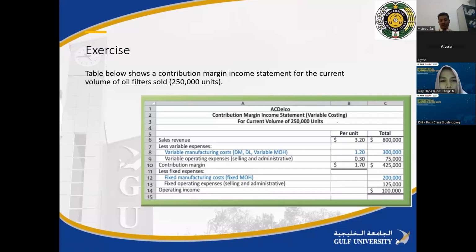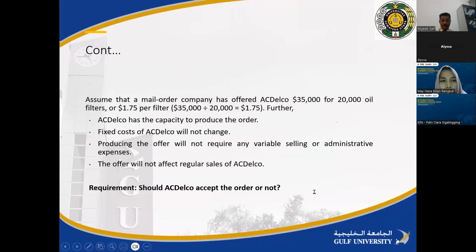So if I don't have more experience in accounting, I will tell you that our company should not accept this order.